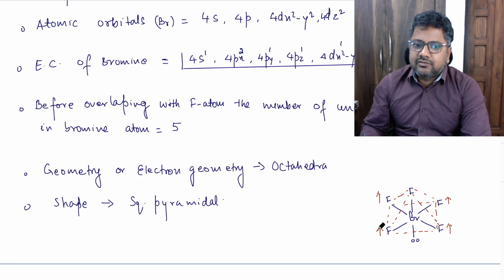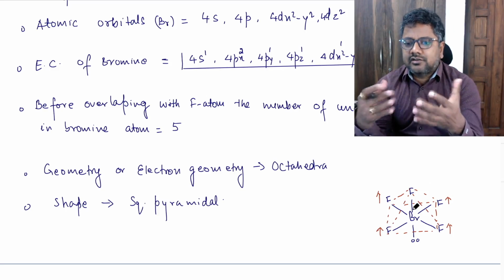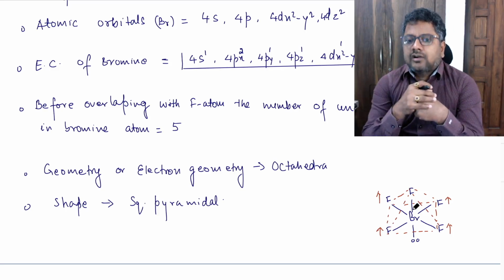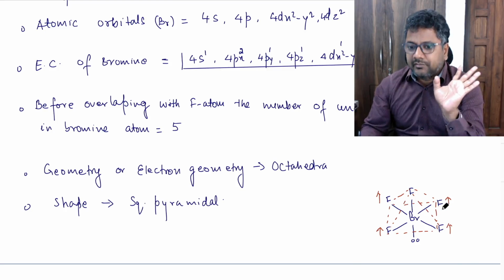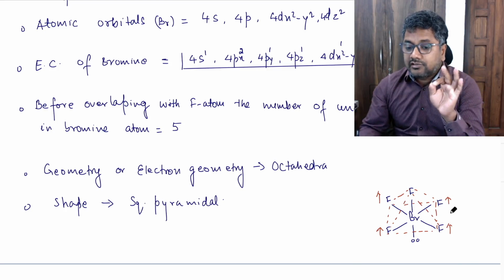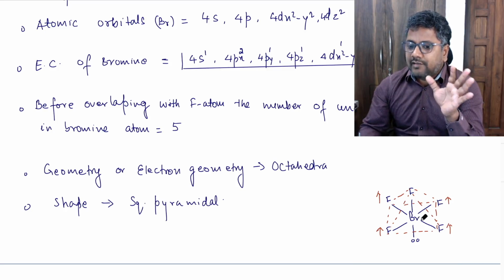So you can say this is a somehow distorted octahedron. This is not the perfect square pyramidal structure, because if it were perfect, there would be no distortion.